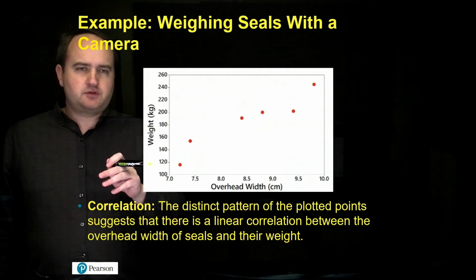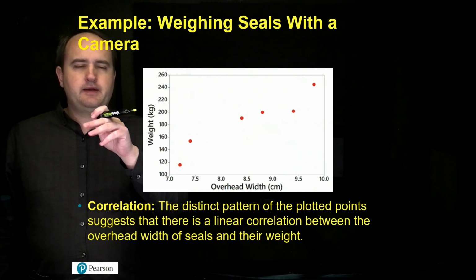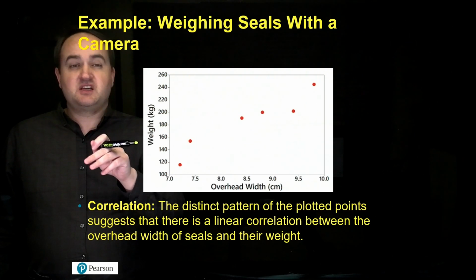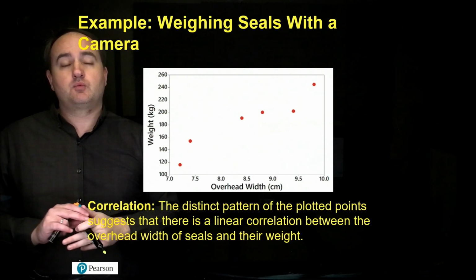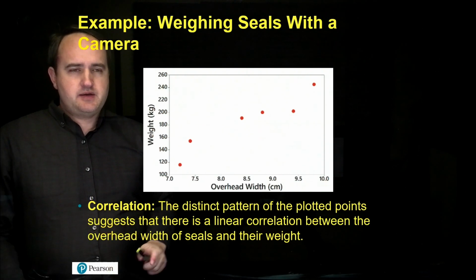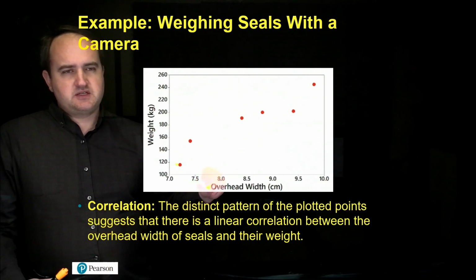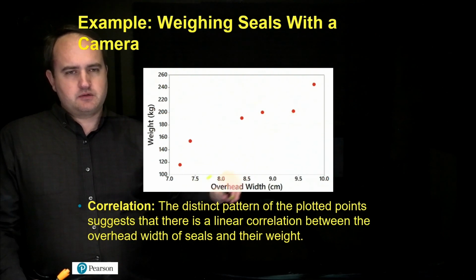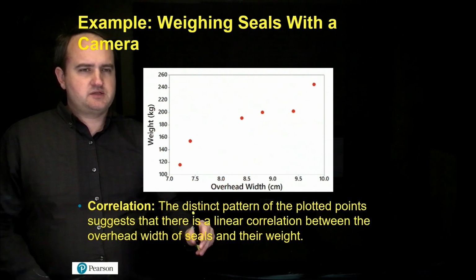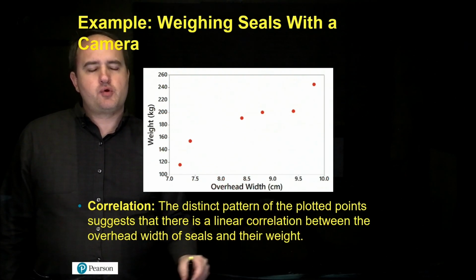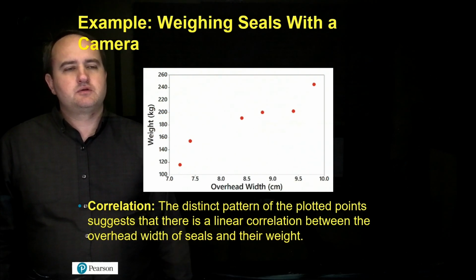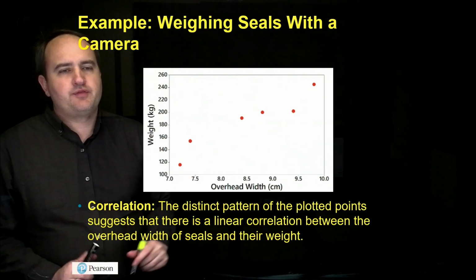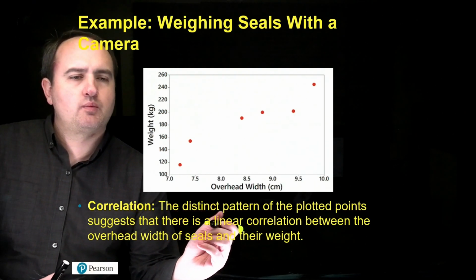And then they also took those same seals and they measured their weight in kilograms. So on the vertical axis, that's representing their weight in kilograms. Now you can see in this picture, this is an example of what we call correlation. So correlation is the distinct pattern of the plotted points, and that suggests that there is a linear correlation between the overhead width of seals and their weight.